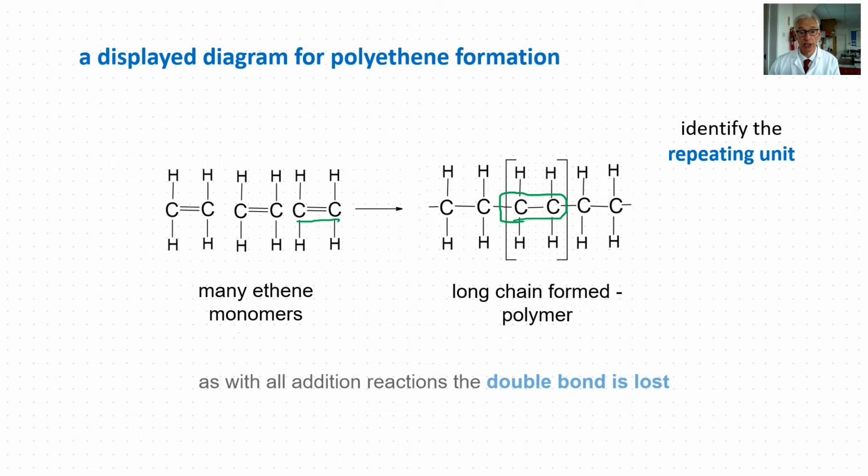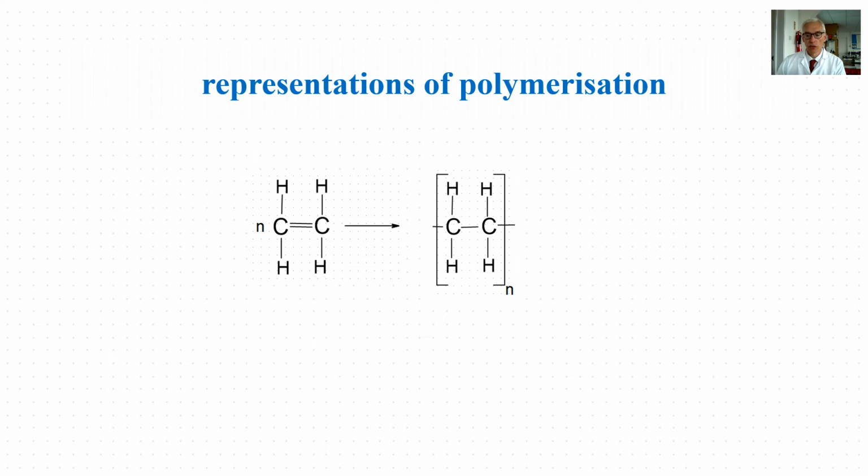Of course, it's an addition reaction, so as in all addition reactions of alkenes, the double bond is lost. Just reinforcing the representation of polymerization, moving from the left-hand side, the monomer, to the polymer, there are basically 3 things that have been done.